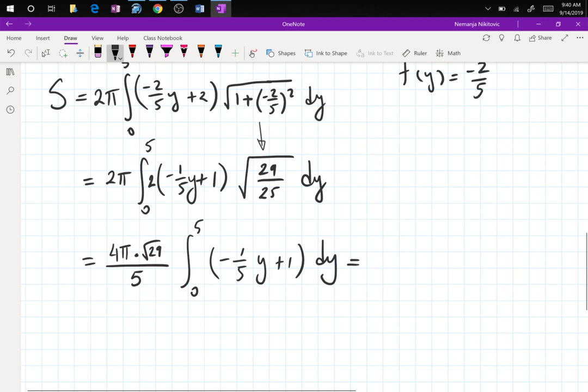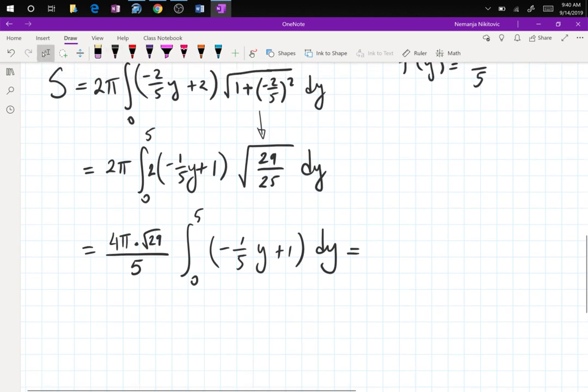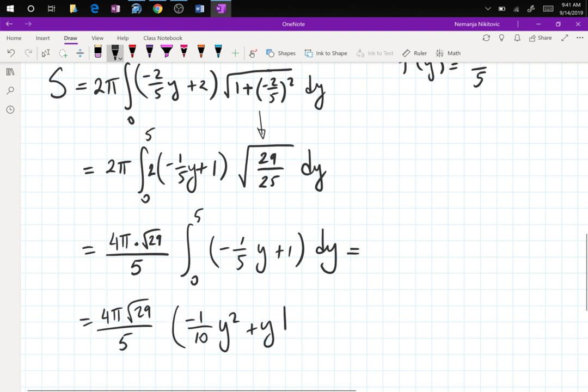So this is what we have as the integral. When we integrate, we have our 4 pi root 29 divided by 5. Integrate here. It's going to be negative 1 over 10 y squared plus y, computed from 0 to 5.